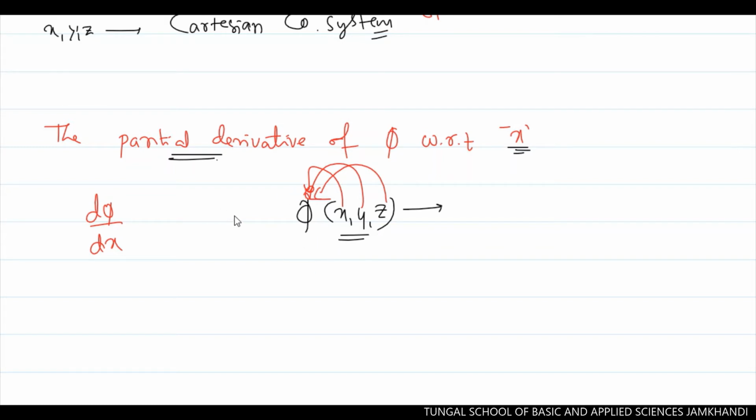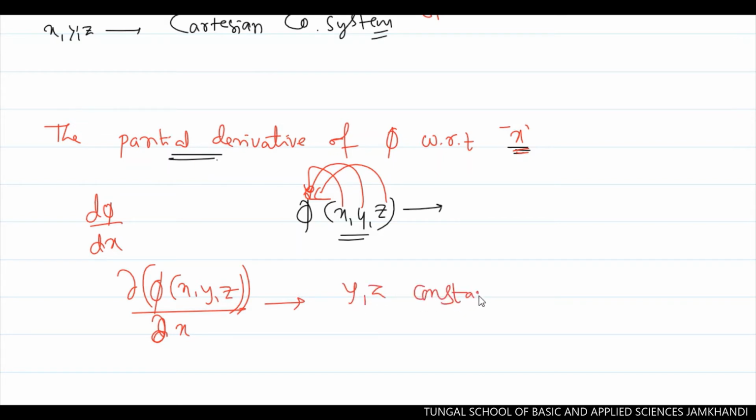But if you want to take only a partial derivative, it means with respect to a particular quantity, say x, we write dou phi divided by dou x. That means keeping y and z constant, we are going to differentiate only with respect to x.